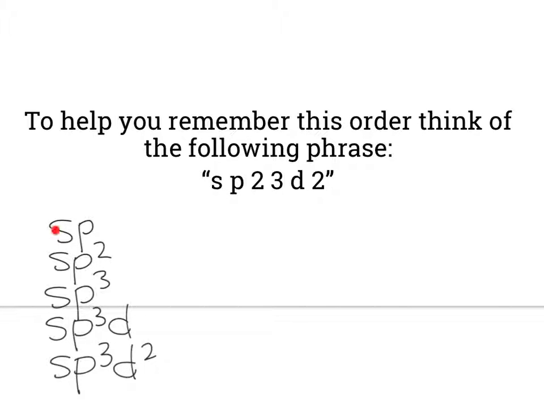So our first one is sp. Then we added 2. Then we changed that to a 3. Then we added d. And then we put a 2. So sp2, 3, d2. If you'd like to memorize them in order, it's fine. Go ahead. Like I said, this just helped me in the past, so hopefully it helps you.